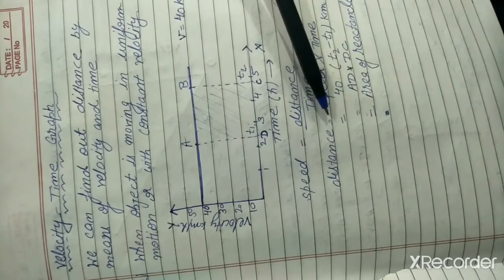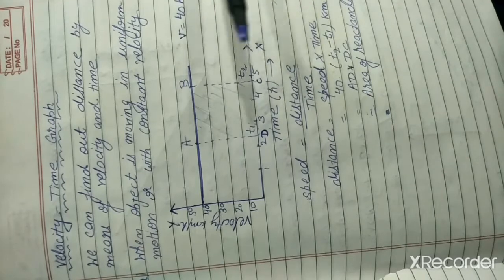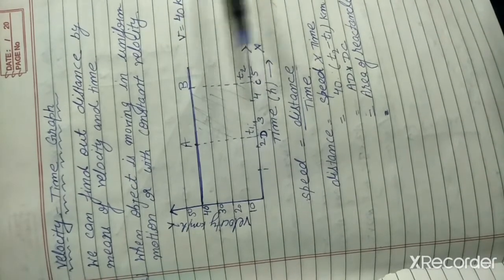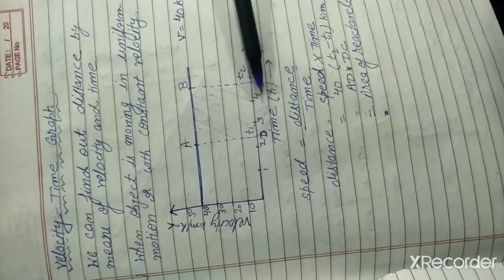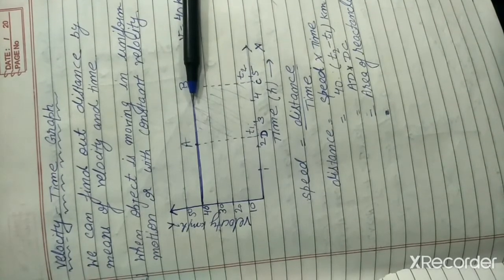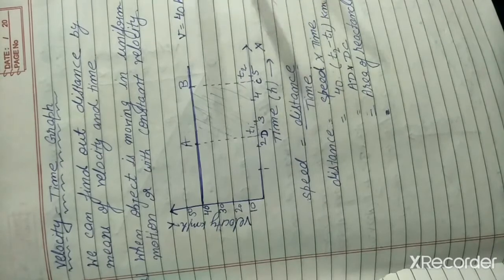So if we are given only the velocity of an object moving with uniform motion or constant velocity, then by calculating the area under the graph, we can calculate the distance.